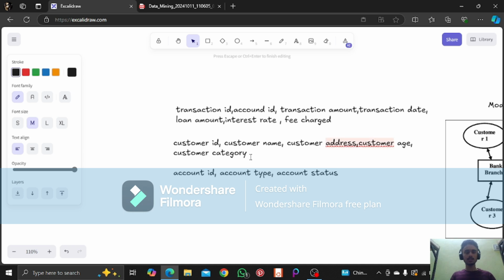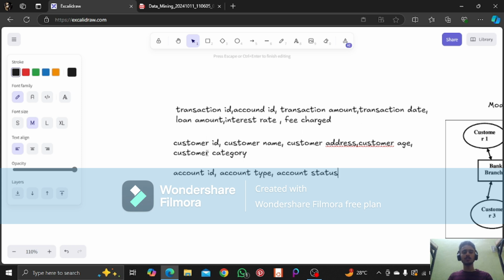These are the things basically included in the account dimension. So here we talked about all three things. First of all, the example fields in the banking sector: transaction ID, account ID, transaction amount, transaction date, loan amount, interest rate, fee charged.